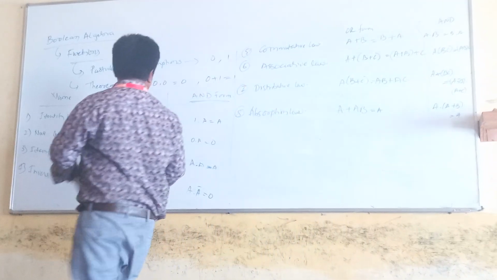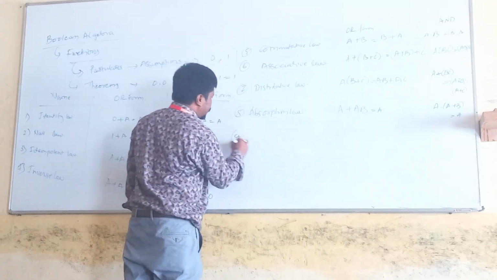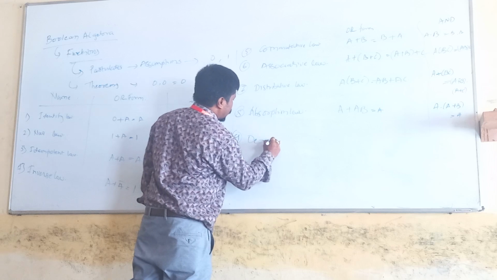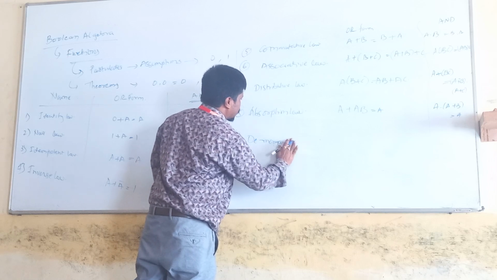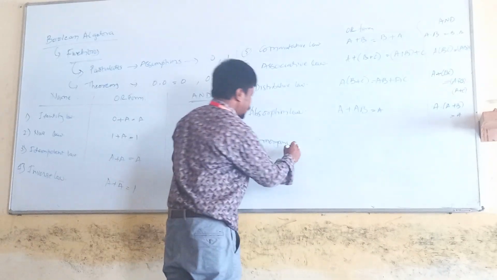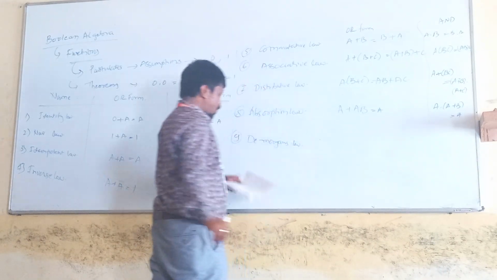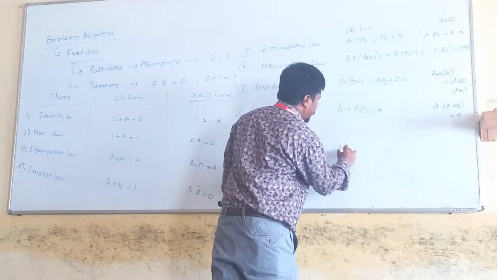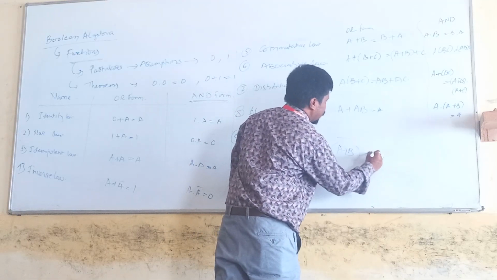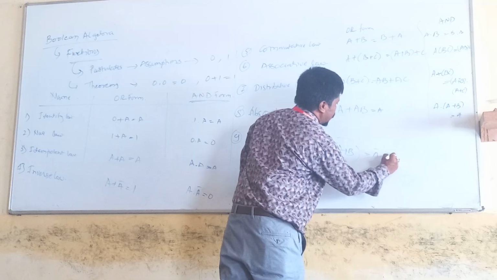Next one is De Morgan's theorem. A plus b, whole bar, equals a bar dot b bar.